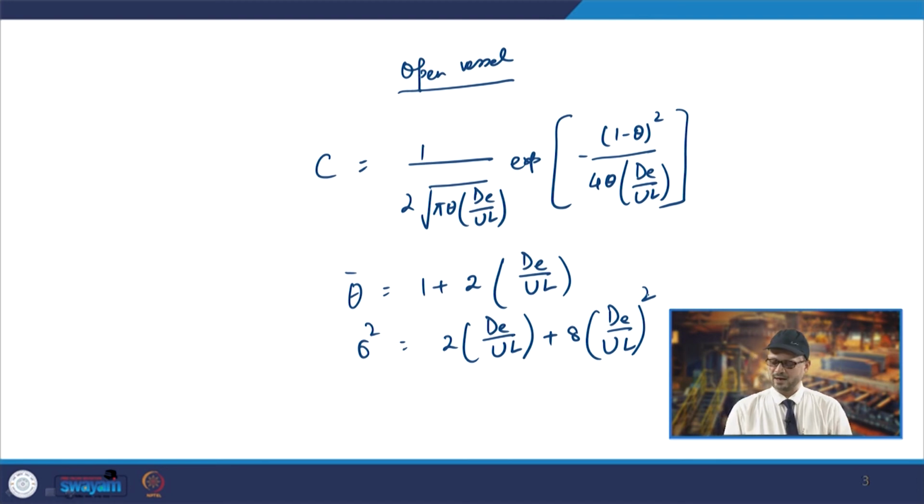pulse input. And if you look at the dispersion model with a small amount of dispersion, we are going to have the case for the dispersion model where the dispersion number value is small.